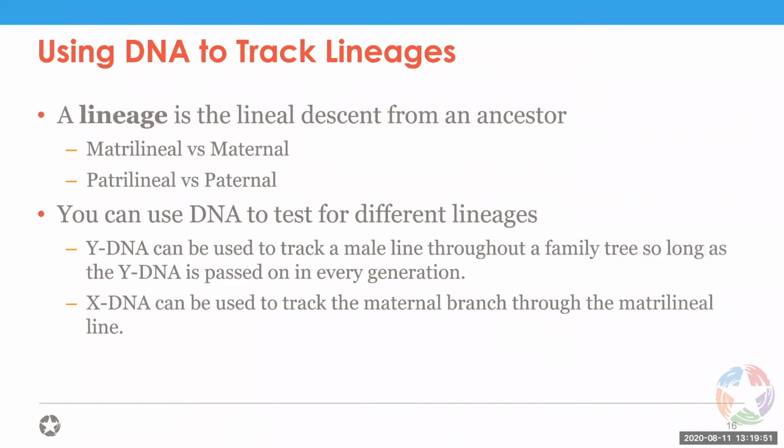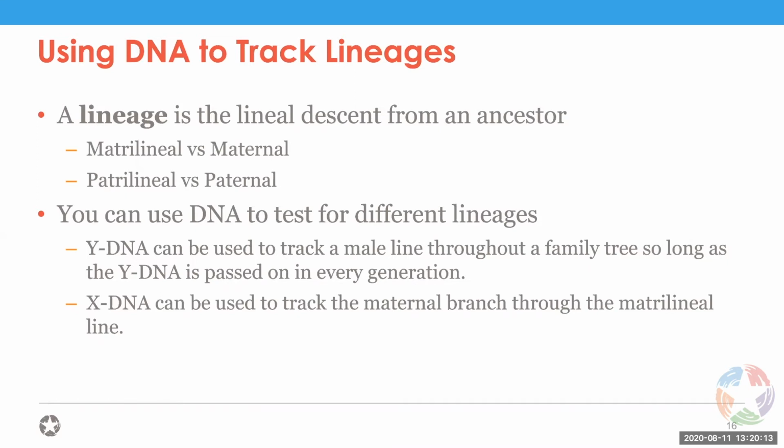All right, so using DNA to track lineages. A lineage is the lineal descent from an ancestor. So your grandparents, your great-grandparents, that's a lineage. A matrilineal line is the lineage from female ancestors on the mother's line.